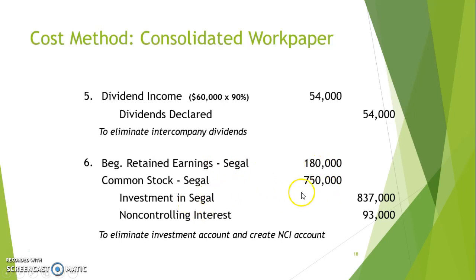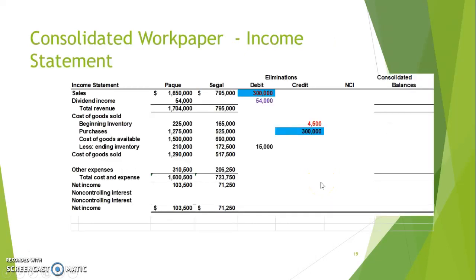The common stock of $750,000 is eliminated, but the non-controlling interest would be $93,000, because this is what the NCI share of the beginning retained earnings, 10%, the common stock, plus any increase or decrease in the amount that has been originally invested in the company.